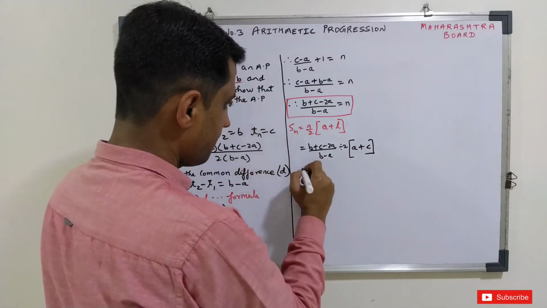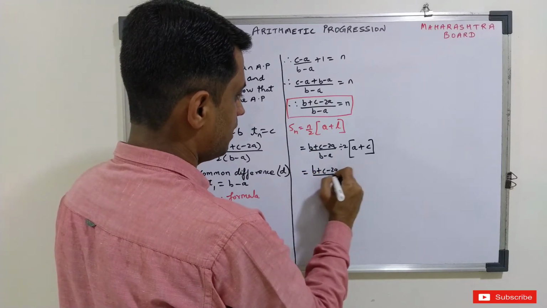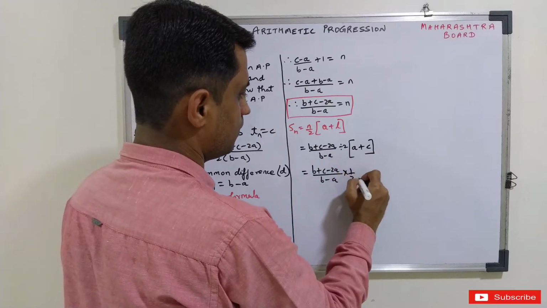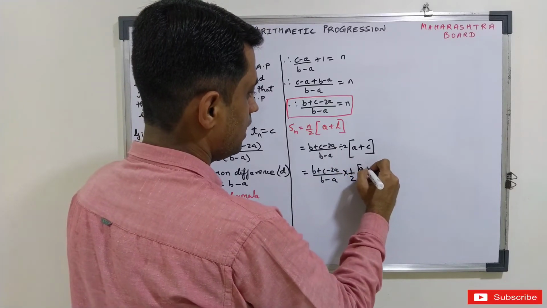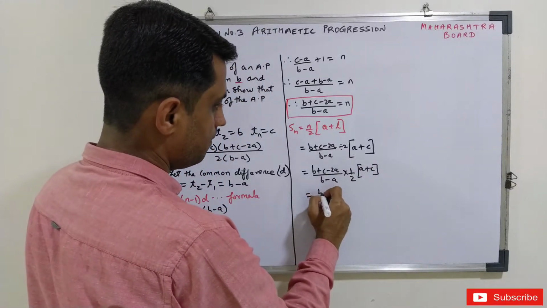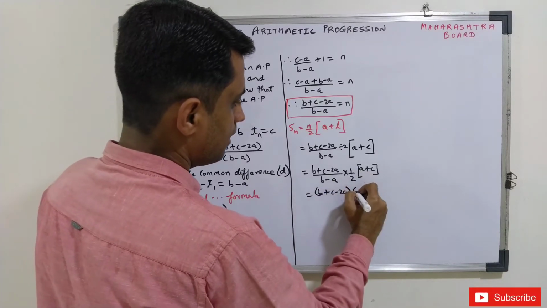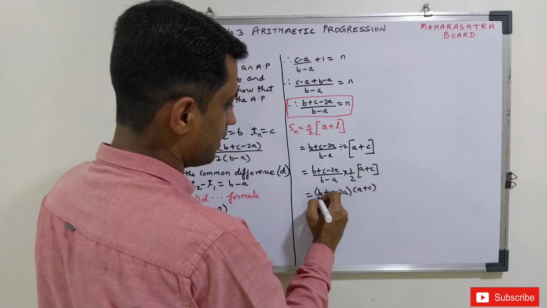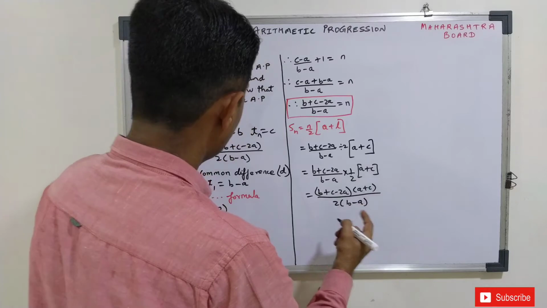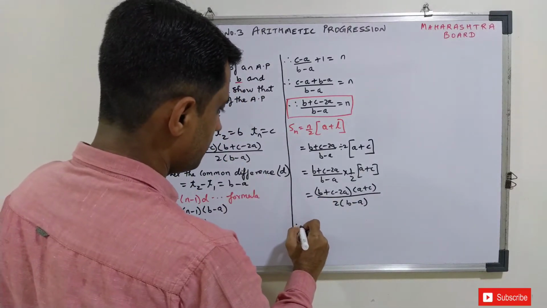So what will we get here? B plus C minus 2A upon B minus A divided by 2 means it becomes 1 upon 2, A plus C. Now we get B plus C minus 2A in one bracket, A plus C in one bracket, and this you can multiply by 2B minus A. You can see we are very near to the answer, almost done.